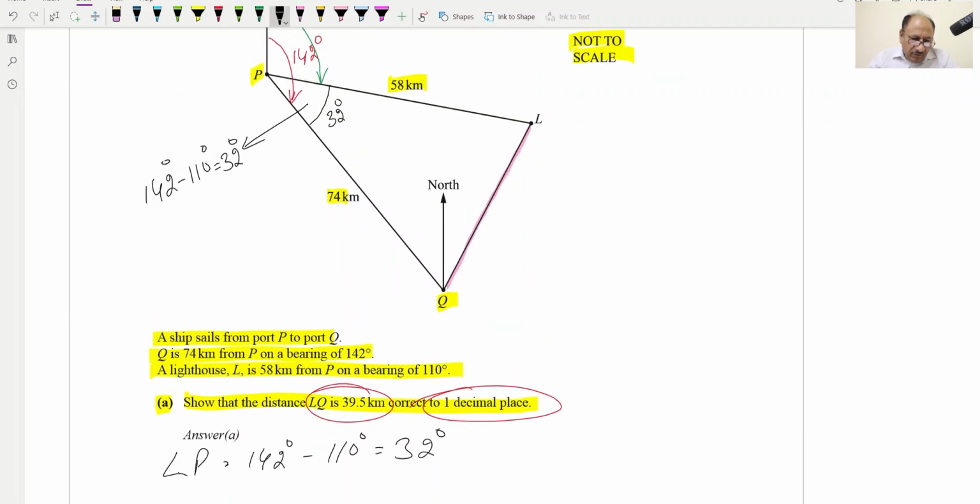Now we have this angle, and we have two included sides, two sides and their included angle, that is required for cosine rule.